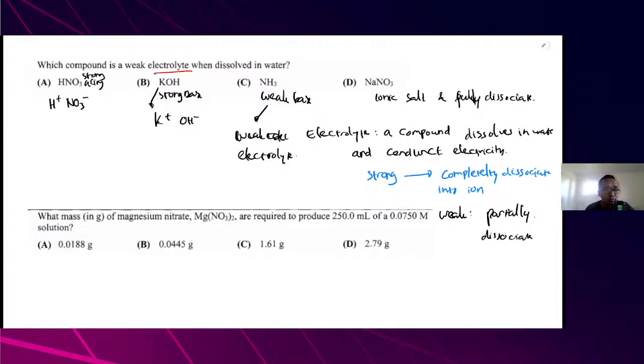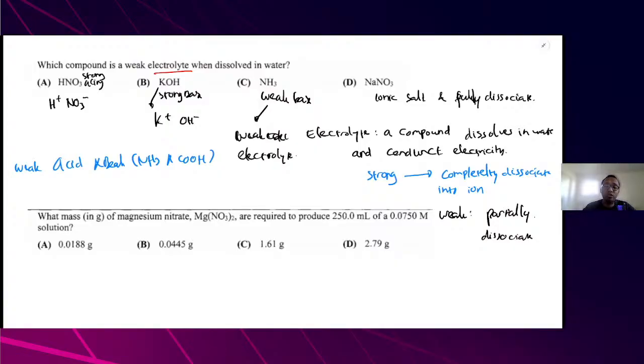So remember, just quick information: if it's a weak acid or a weak base, like NH3 and CH3COOH, it's a weak electrolyte.